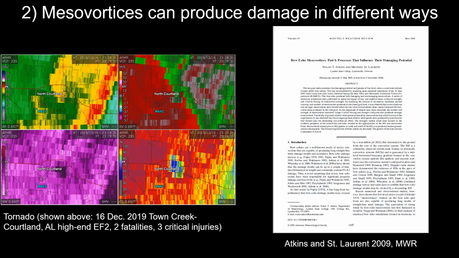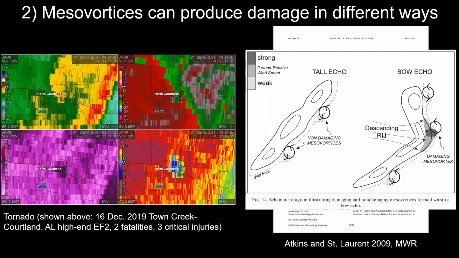But that's not the only way you can get damage associated with a mesovortex. If you go back to some of the work that occurred from the BAMEX field campaign in 2003, and some of the results from that campaign and from other studies after that, you notice that there are some emphases on other damage causes associated with mesovortices. And one in particular is when you have a mesovortex and a rear inflow jet descending to the surface behind the mesovortex and along the rightward side relative to the forward motion of the QLCS.